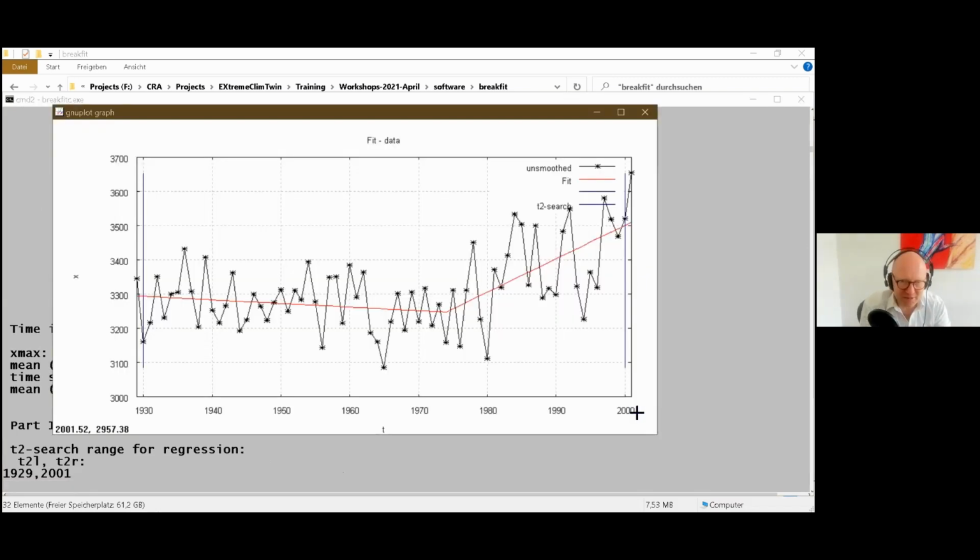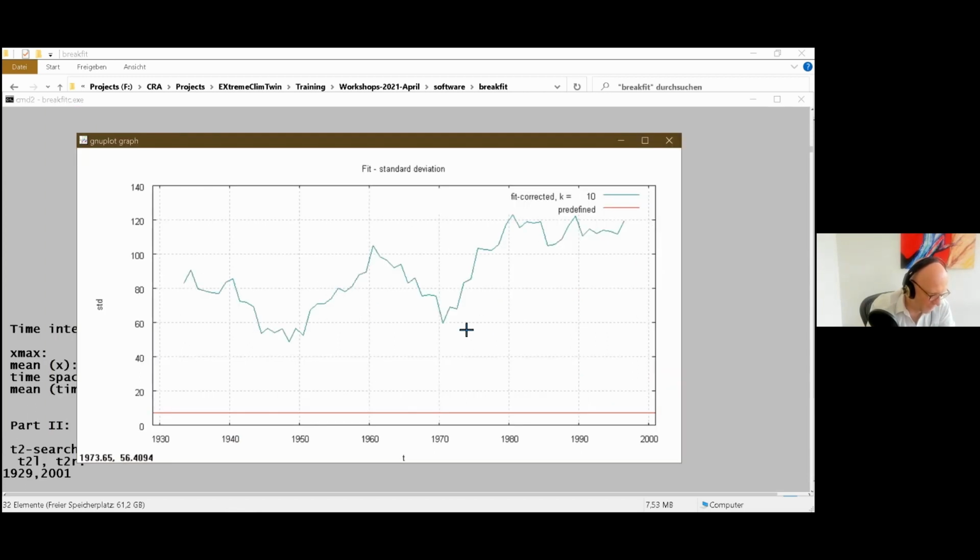And we see already the fits, okay? Data in black. We have a full search, therefore these ranges from here to there. And this is the change point time. And in red is the fit curve. Okay, I will press enter now.